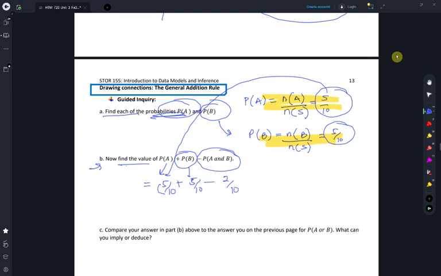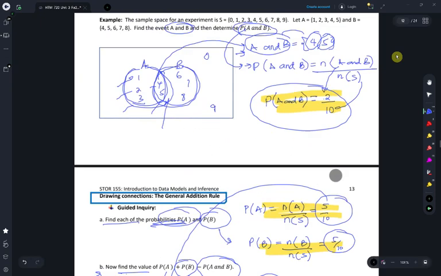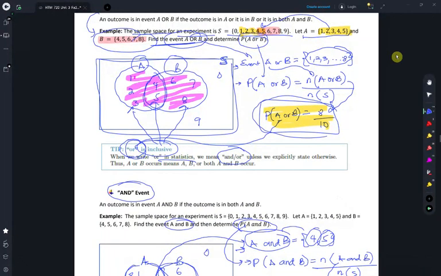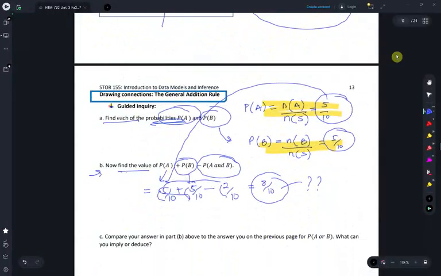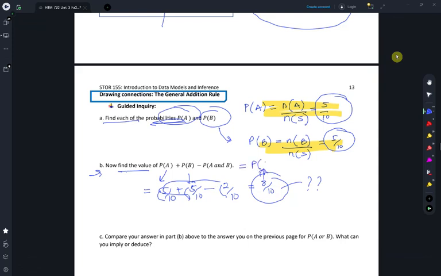Well, 5 over 10 plus 5 over 10 minus 2 over 10, that will be 5 plus 5 is 10, minus 2, that is 8 over 10. Have we seen this result before? Let us go back. We got that result in probability of A or B. So it appears that whenever we have not mutually disjoint events, this result will give us probability of A or B.